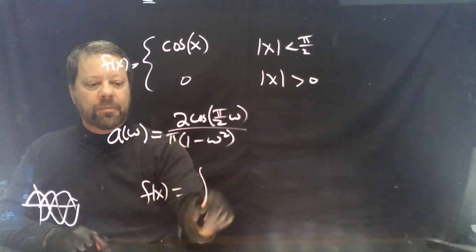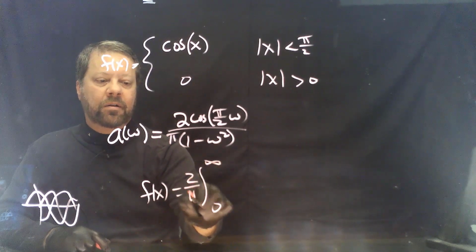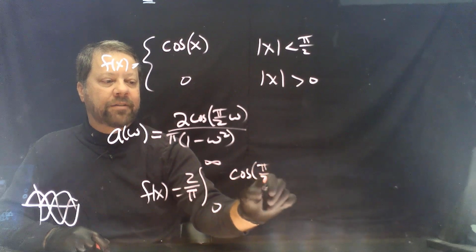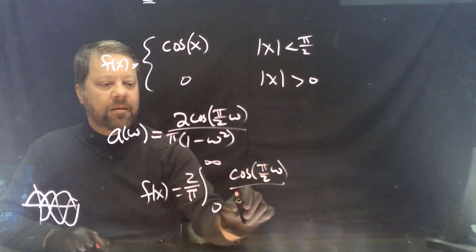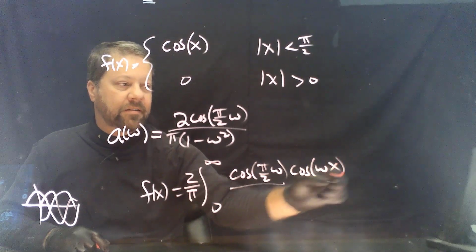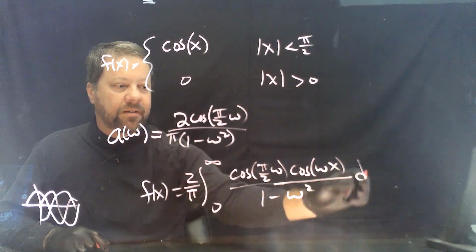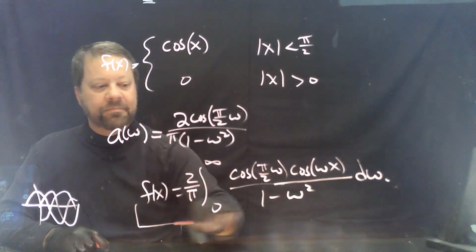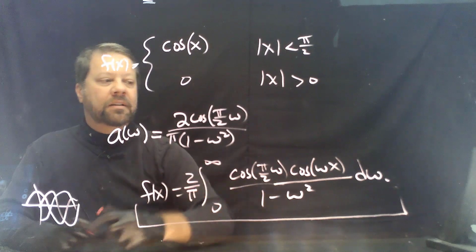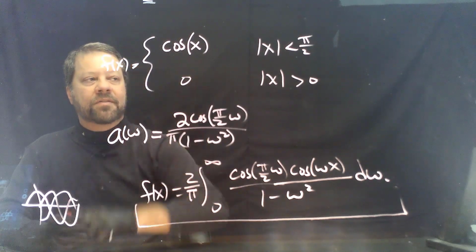The original function will be the integral from 0 to infinity. We'll have our 2 over pi coming out, cosine of pi over 2 omega, cosine omega x over 1 minus omega squared d omega. And so this integral, which seems like a very difficult integral to evaluate, is in fact this function.